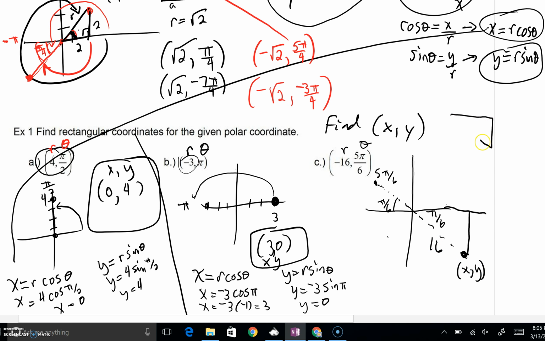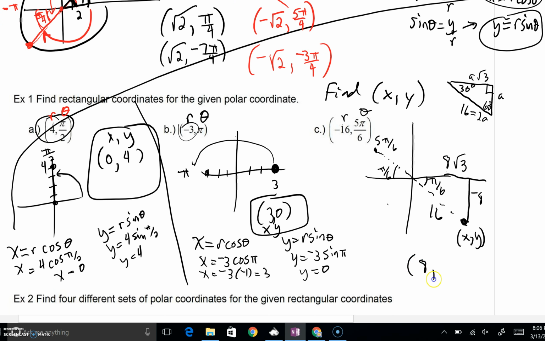Now, I do want to point out the very famous 30, 60, 90 right triangle that can be at play here. Pi over 6 is equivalent to 30 degrees. And we know that opposite of 30 is a, opposite of 90 is 2a, opposite of 60 is a root 3. And it won't take you too long then to see that this is 8 and this is 8 root 3. However, because we're going down, we'd get negative 8. We'd have the point 8 root 3, comma, negative 8 for our Cartesian coordinates.